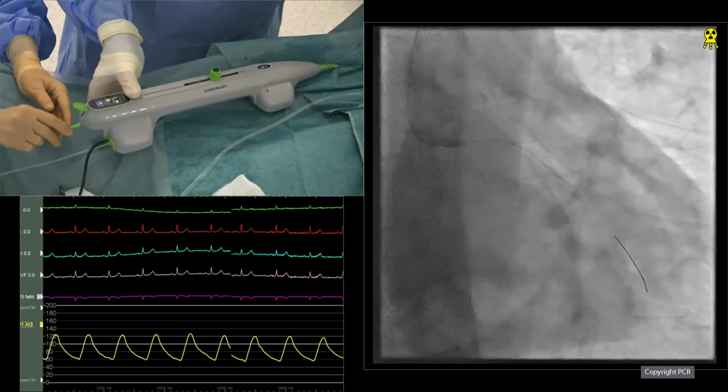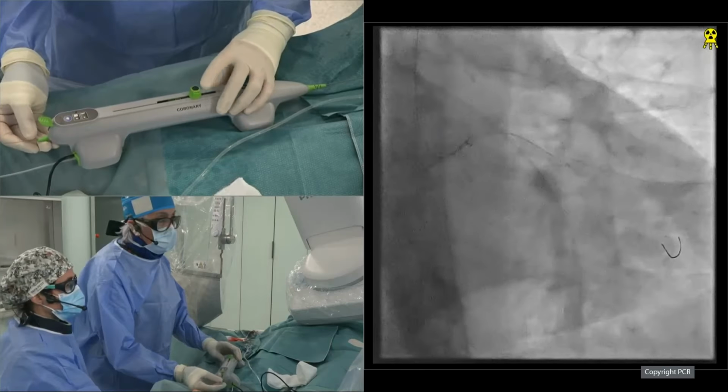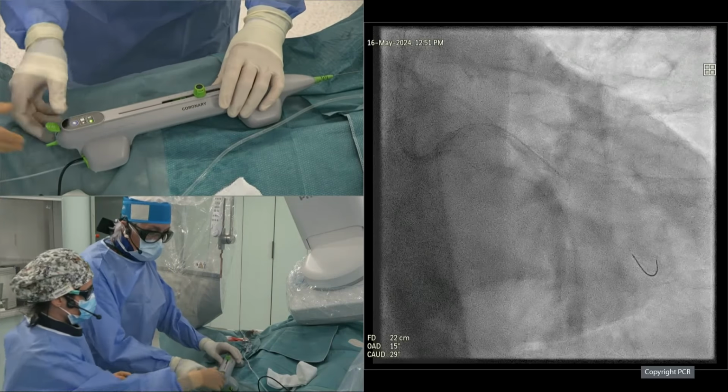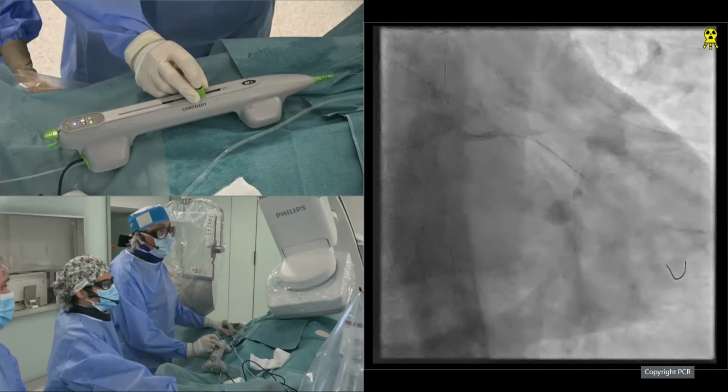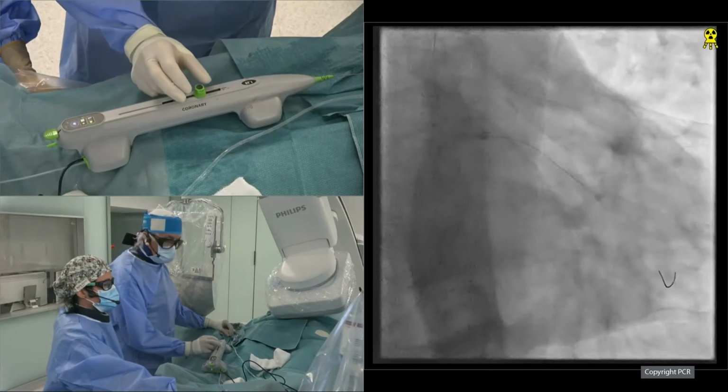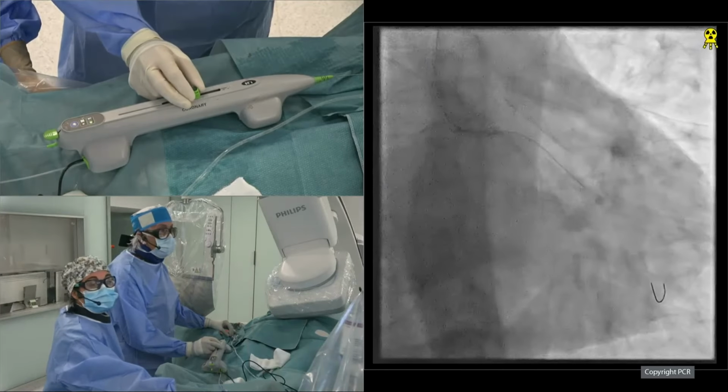I'm just repositioning, keeping the wire in place, and making sure I'm bringing it to the place I want to start doing ablation. Maybe so last one, no? Last ablation before we assess what happened, yes. Okay, good.